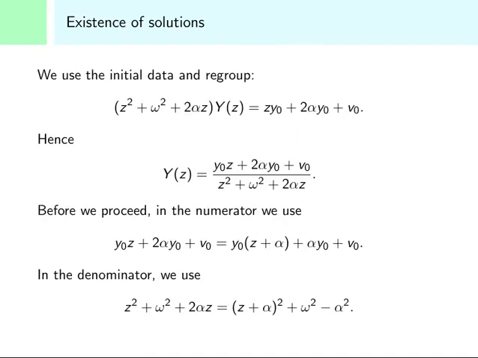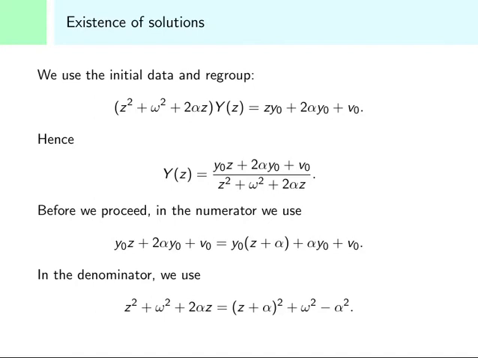Okay, we divide both sides by the coefficient on the left, and that eventually shows us that Y of z equals z y0 plus 2 alpha y0 plus v0 divided by z squared plus omega squared plus 2 alpha z.